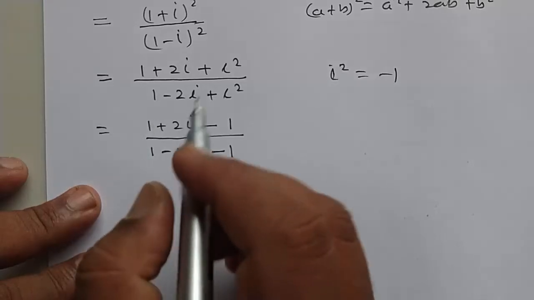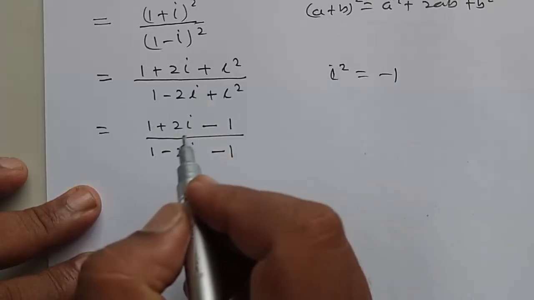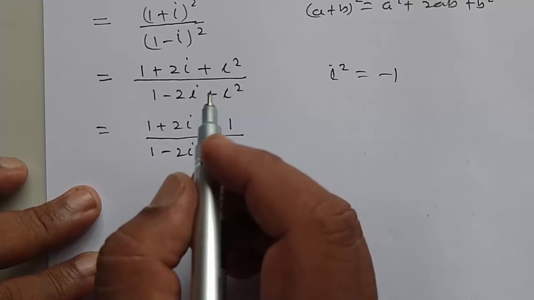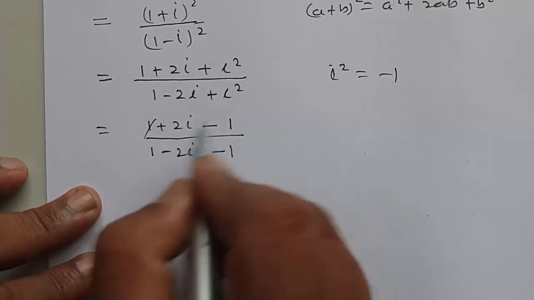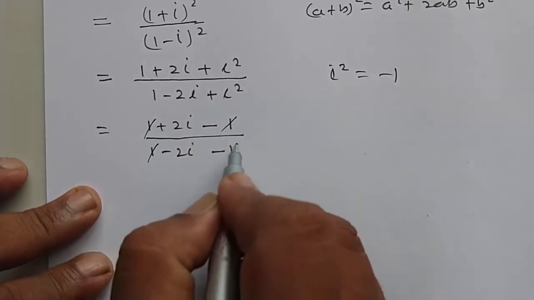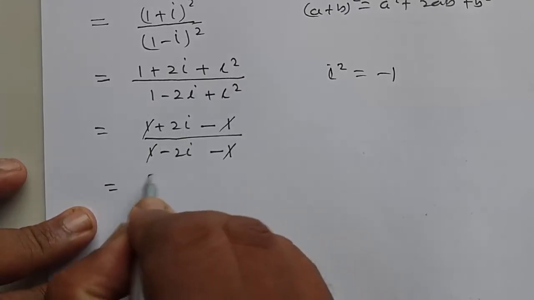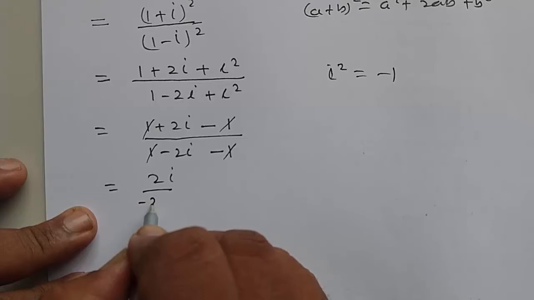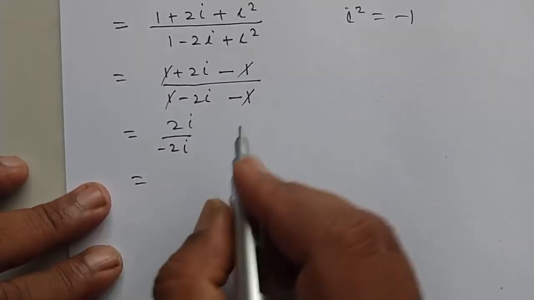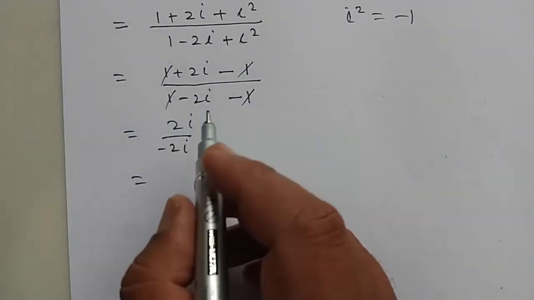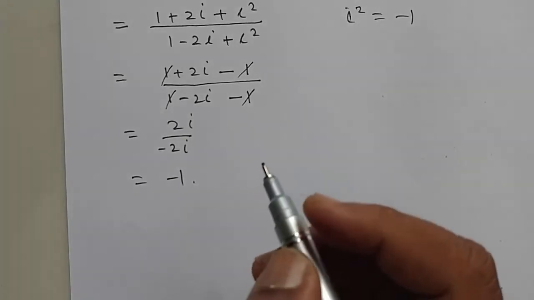So 1 minus 1 gets cancelled, 1 minus 1 gets cancelled, is equal to 2i upon minus 2i. 2 also gets cancelled, i gets cancelled, it is minus 1.